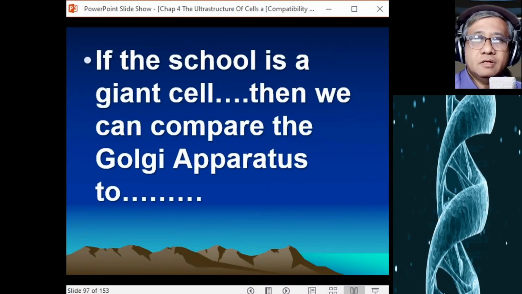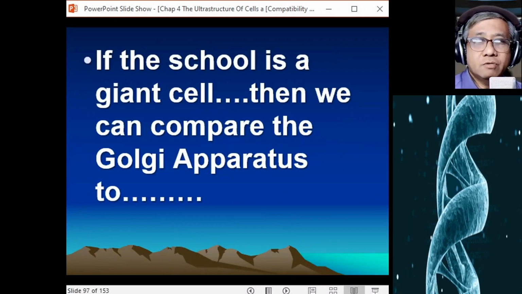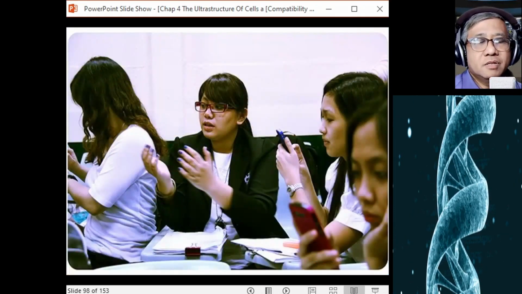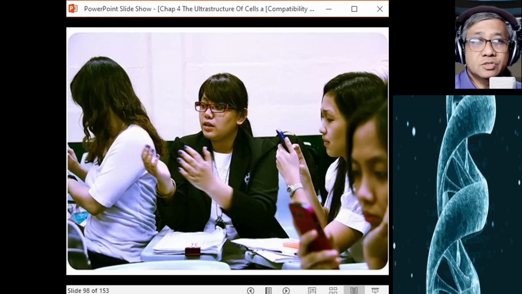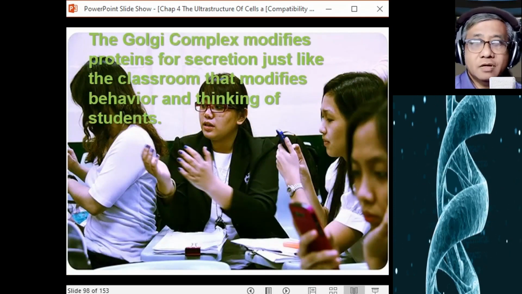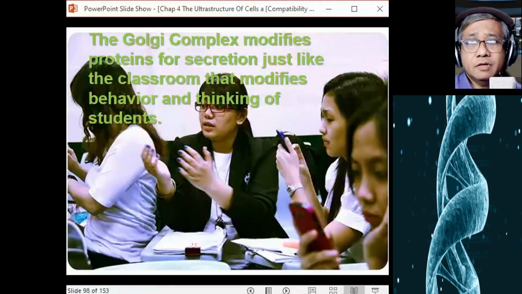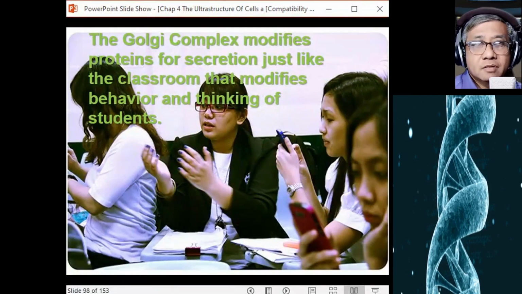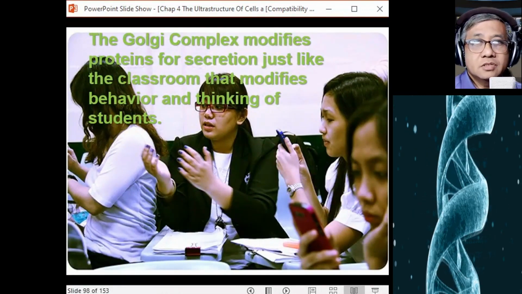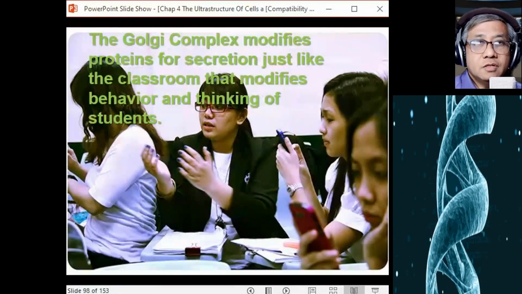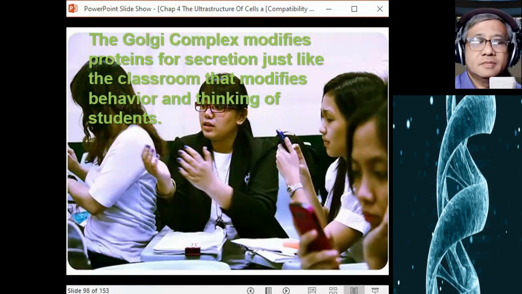Alright. So if the school is a cell, then we can compare the Golgi apparatus to the classroom. Because in the classroom, students are modified, their behavior is modified, their way of thinking is modified. Like the Golgi apparatus, actually, the Golgi apparatus is involved in the modification of proteins for packaging.